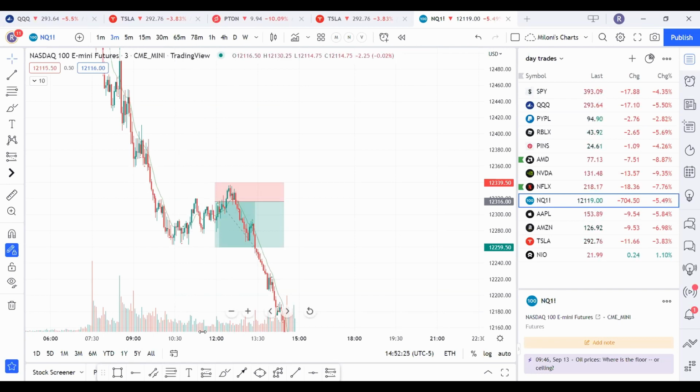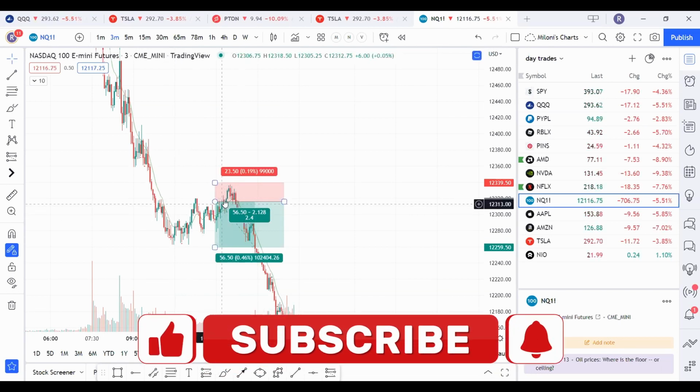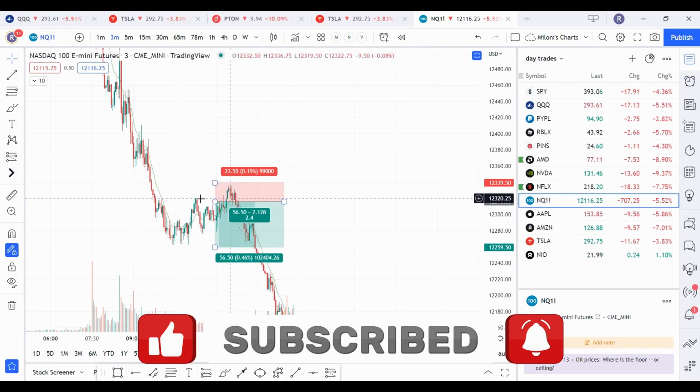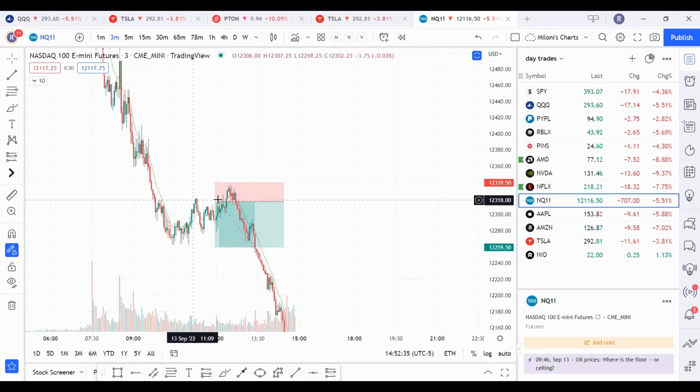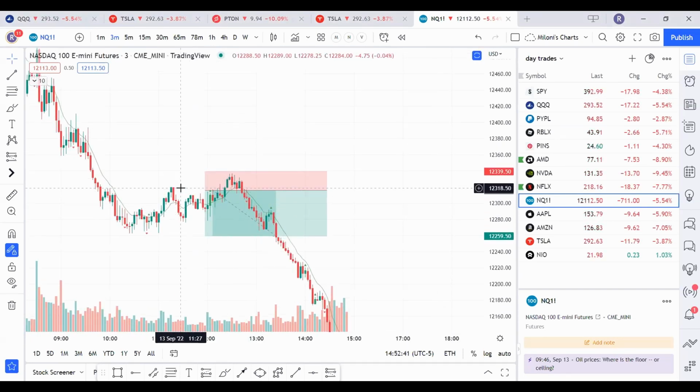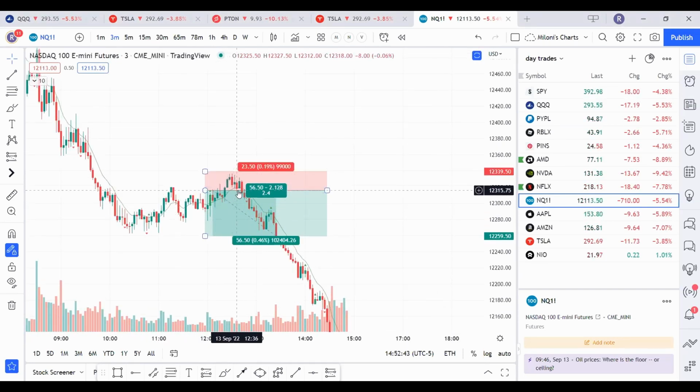Okay, cool, fantastic. So once we make that new high, we know very well that we should not be back in this zone at all. That is where I want to look for some sort of entries. So as soon as we make that new high, we should bounce off of this level.